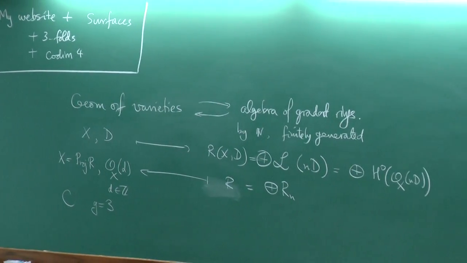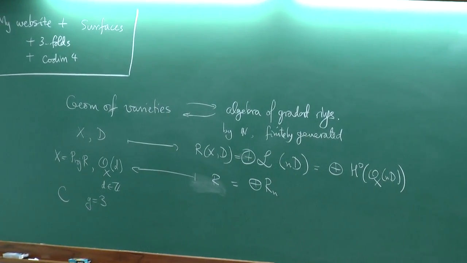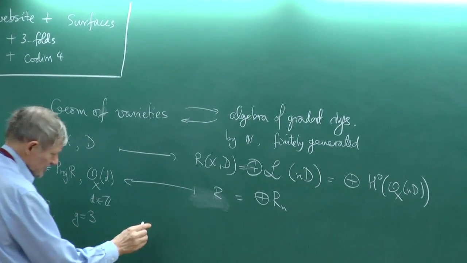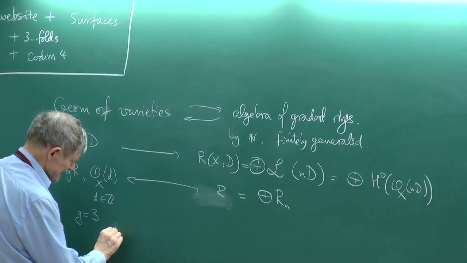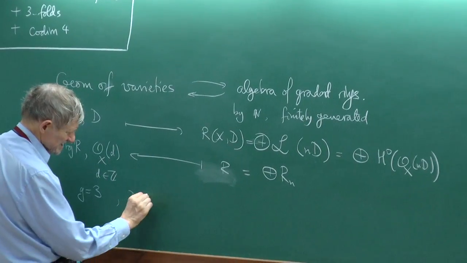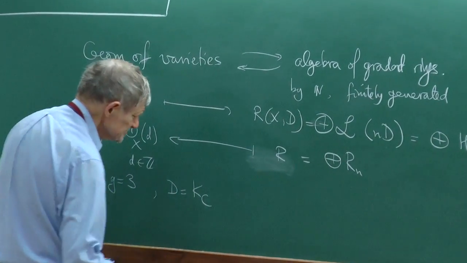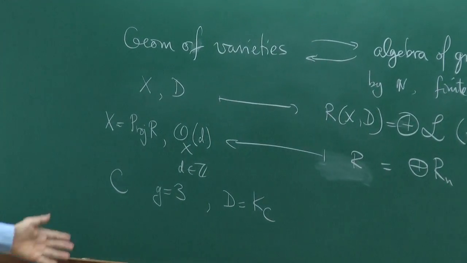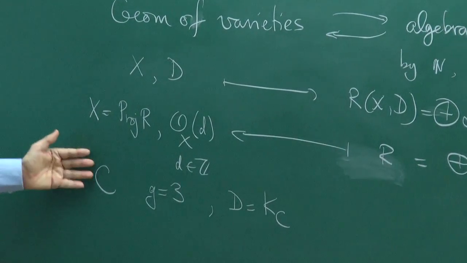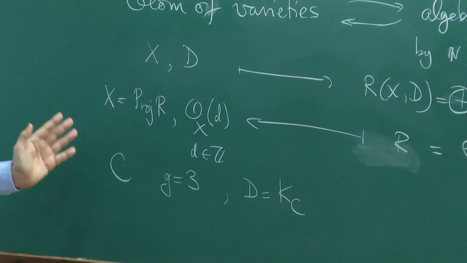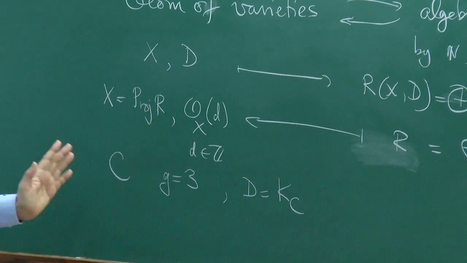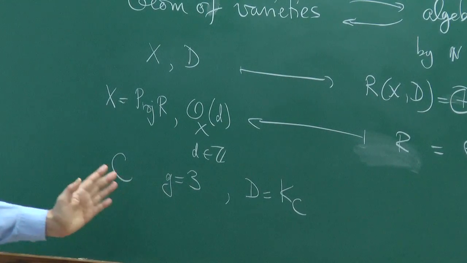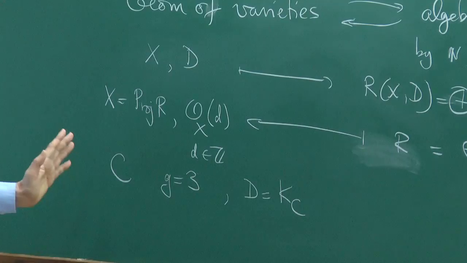But let's trust the Riemann-Roch theorem. I'm going to take as my divisor D the canonical class of C. So, the question is, do there exist any curves C? Can we construct one of them? Can we construct a family of them? Can we construct all of them? Can we study their moduli?